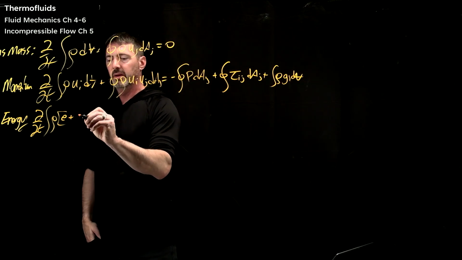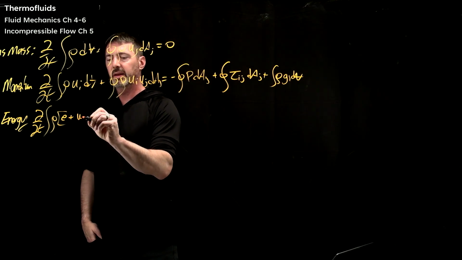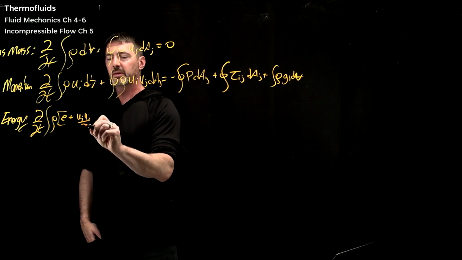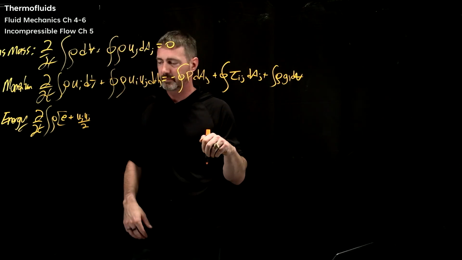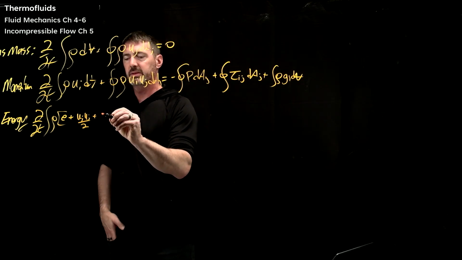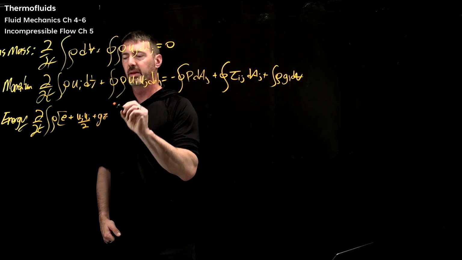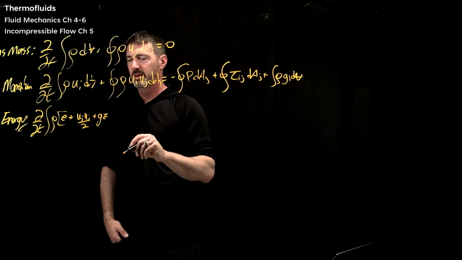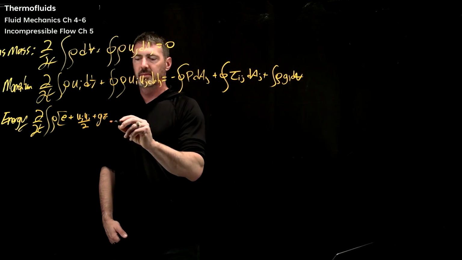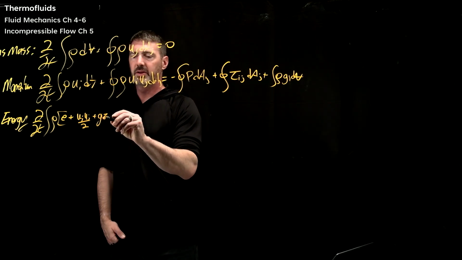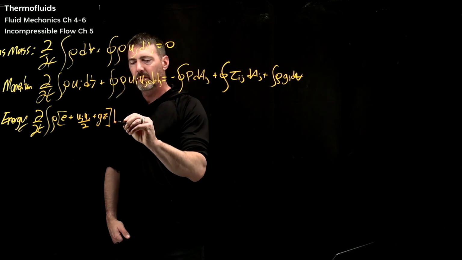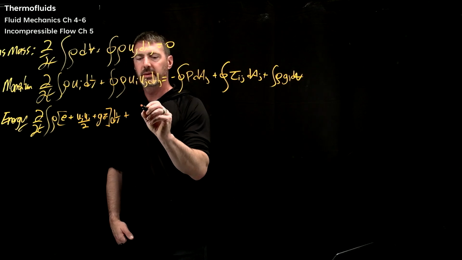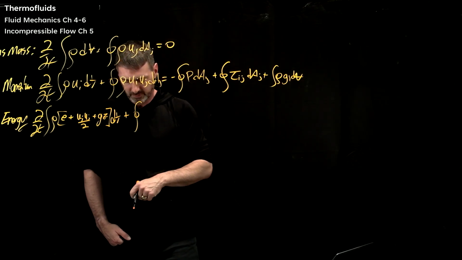Then you have internal energy plus kinetic energy, which we can now write as uj uj over 2, so you square up all the velocity components, plus gz, making sure it's in the i direction, d volume.